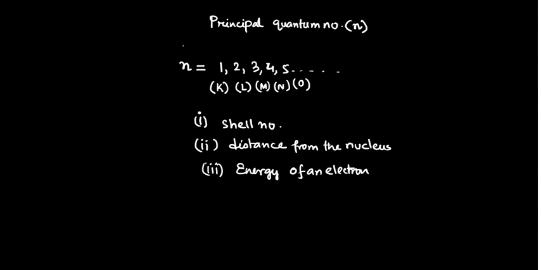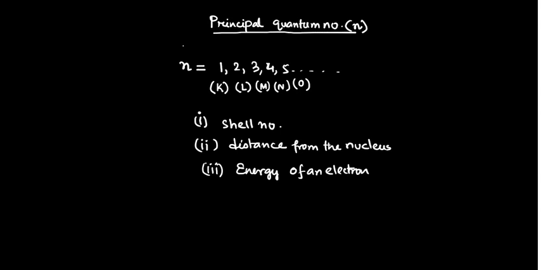Now, suppose you are provided with some number of electrons, and some of the electrons have the same value of n. If they have the same value of n, that means those electrons belong to the same shell. So, this is all about the principal quantum number.